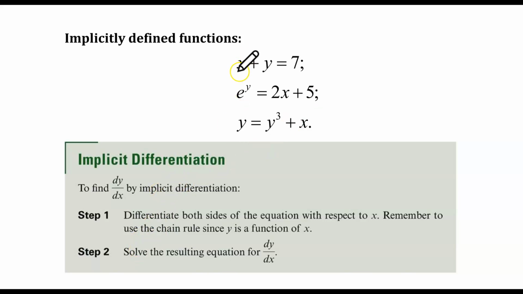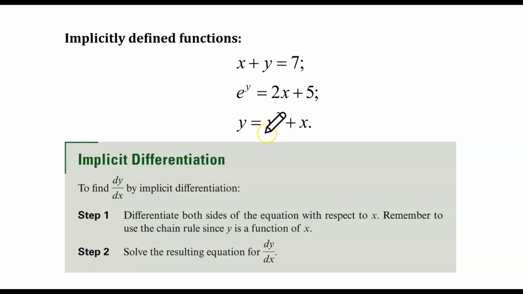Our first step is to differentiate both sides of the equation with respect to the variable x. And remember to use the chain rule, such that when you differentiate y in terms of x, you will then write dy/dx.